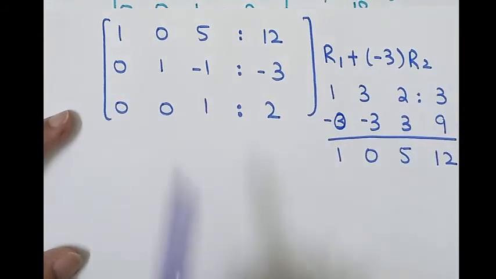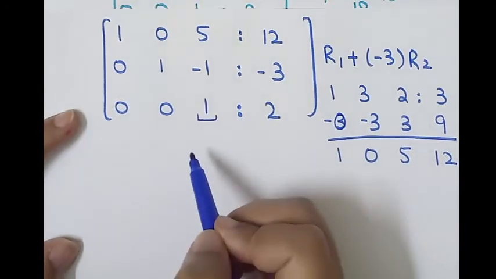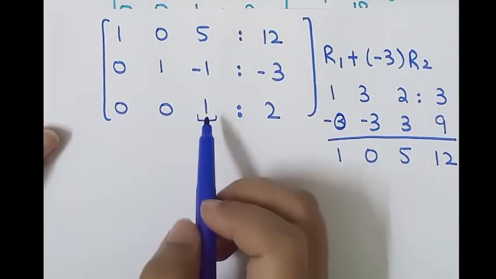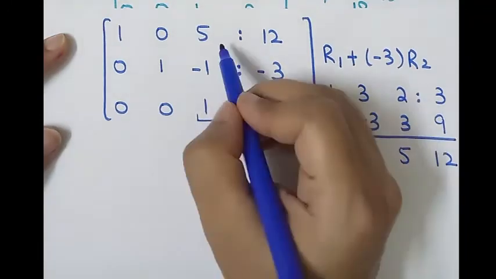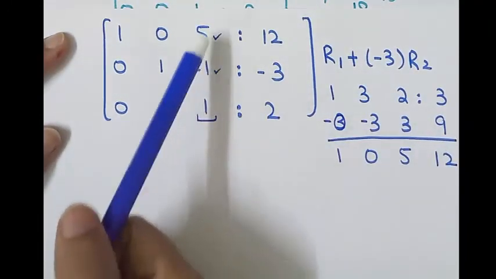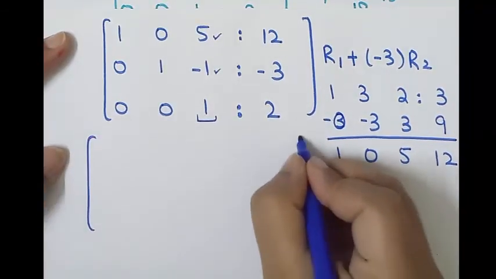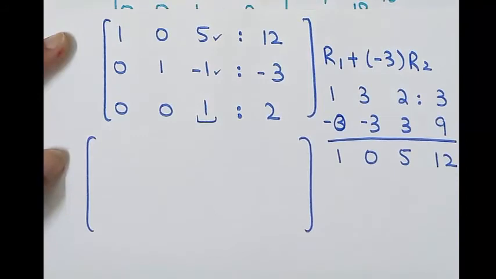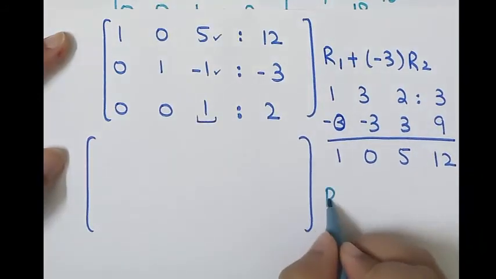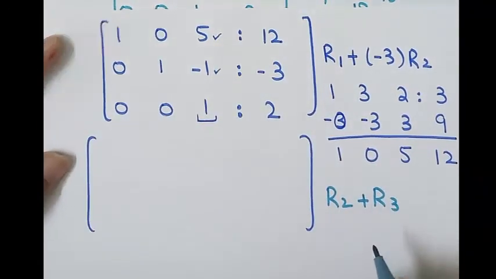Now we are done with row 2. Now this is row 3 and this is the leading element. It should be the only non-zero element in its column, but we have these two non-zero elements as well. So we will reduce both of them to 0. First we will reduce this minus 1 to 0. How we will do it? R2 plus R3.